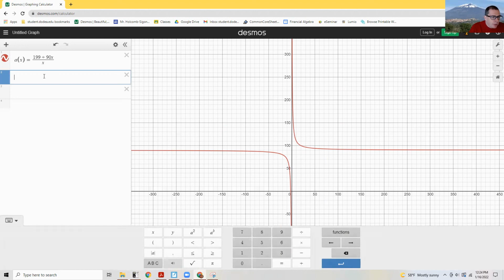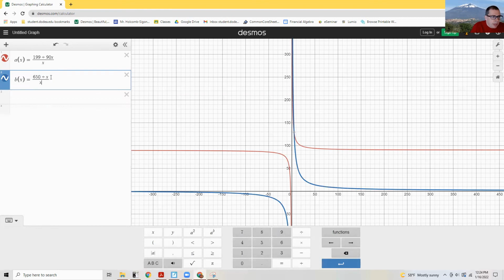Okay, so then we're going to do b of x, and that equals 650 plus x, make sure this is all divided by x. Okay, again, ignore the negative.